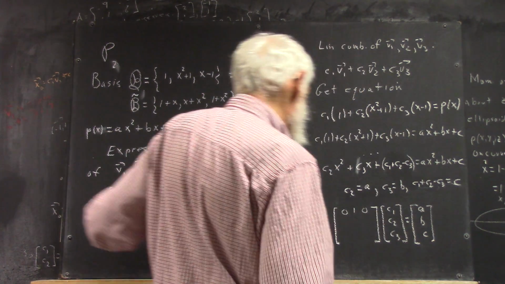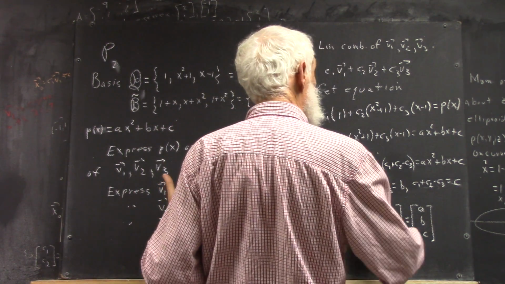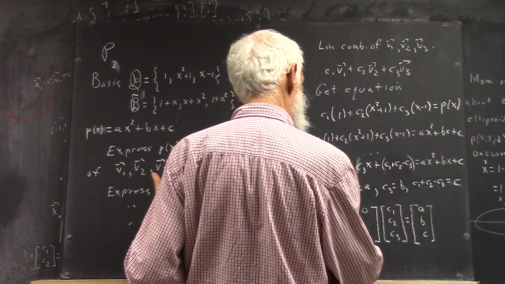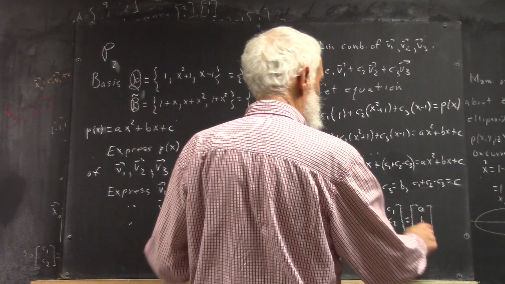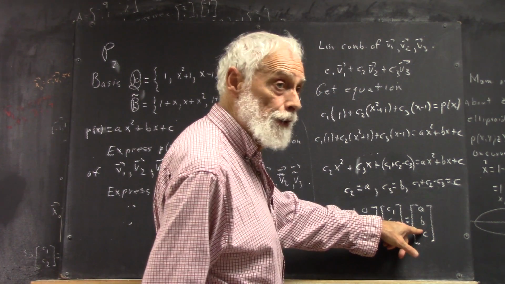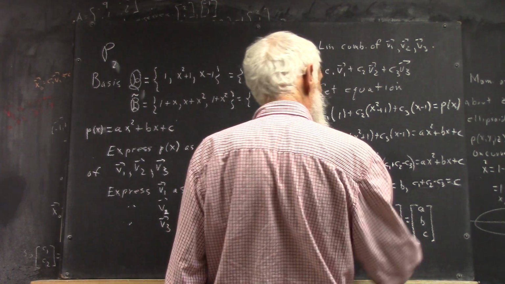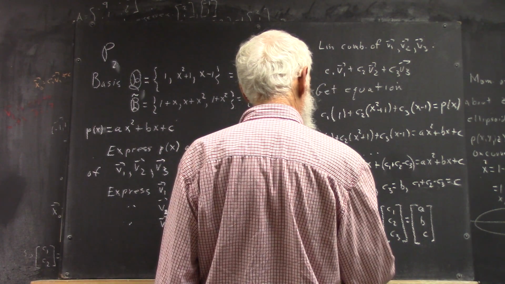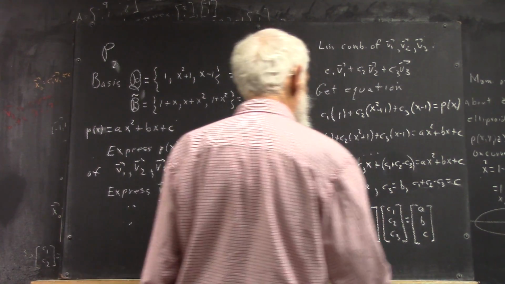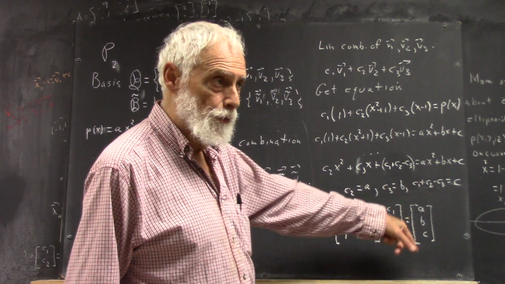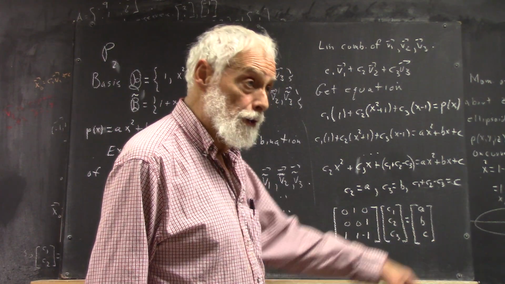And then C3 equals B, so 0, 0, 1 gives us C3, and that's got to be equal to B, right? And then we have C1 plus C2 minus C3. It's going to give us 1, 1, negative 1 times C1, C2, C3, and that's going to equal C, right?